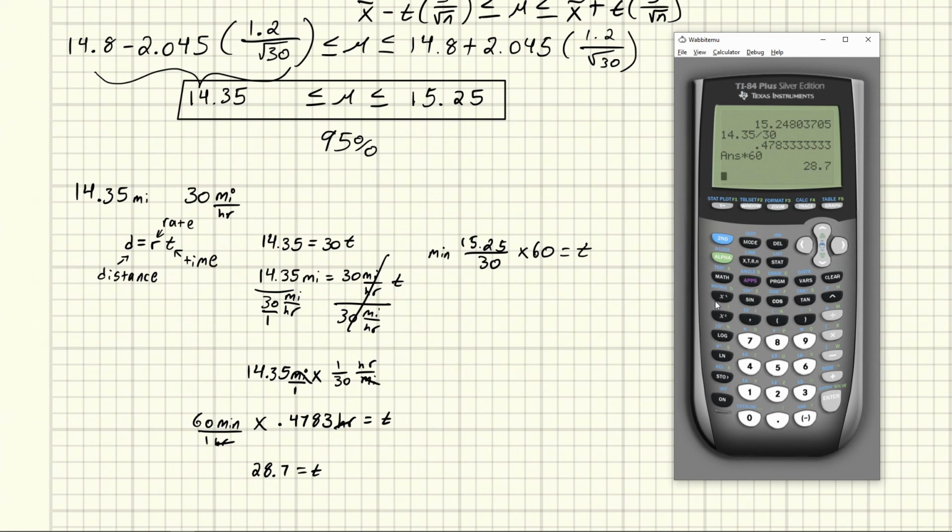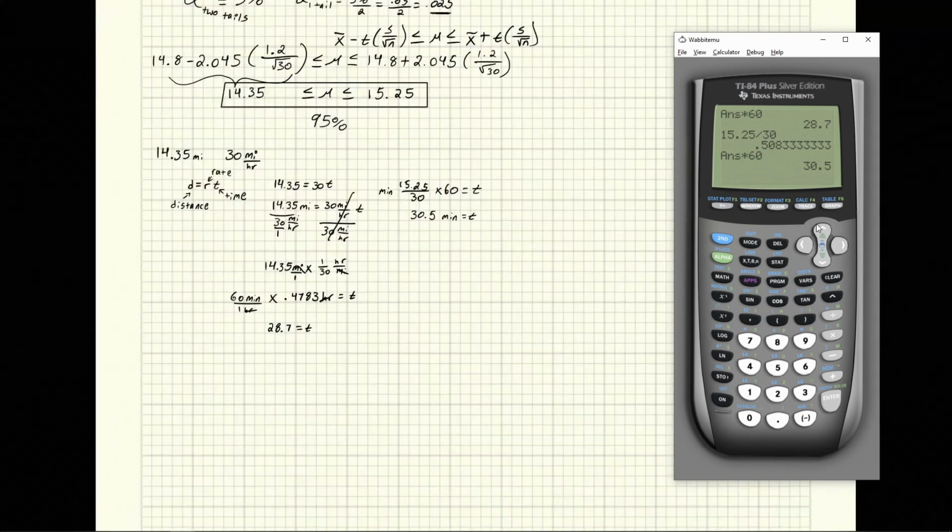And so we're just going to do that really quick. It's going to be 15.25 divided by 30. That's equal to that. We're going to multiply by 60. And so that's going to be a 30 and a half minute drive.